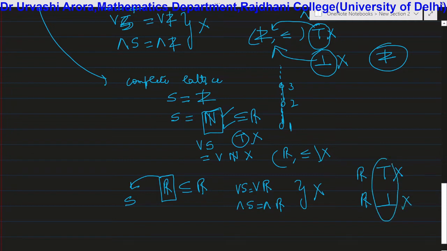Since these two elements do not exist, the join of R and the meet of R cannot exist.